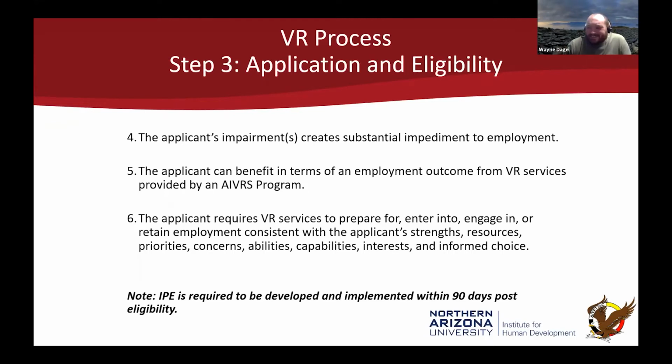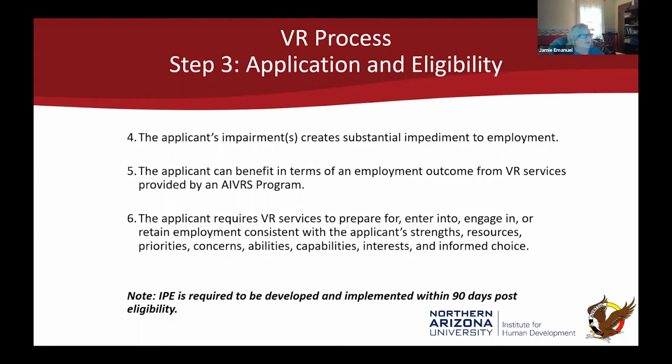Number 4, the applicant's impairment creates a substantial impediment to employment. Number 5, this is the biggie. I think this is where we get so involved in determining eligibility and the disability that we forget to think about whether the applicant is going to benefit from services. That is a very key thing that we need to always keep in mind when we're doing the eligibility piece, to make sure that the applicant will benefit from services.